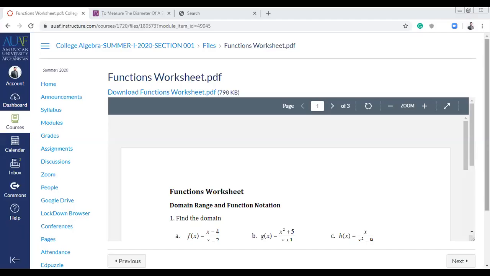I think inverse function, it was the function worksheet. Okay, this one.